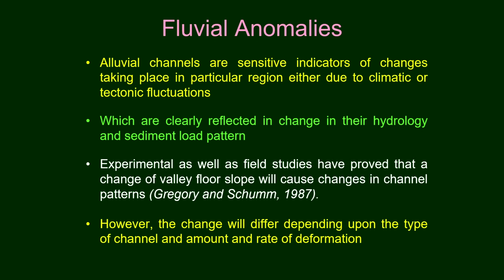So, the fluvial anomalies are mainly what we are going to look at in this one. The alluvial channels are sensitive indicators of changes taking place in a particular region, either due to climatic or tectonic fluctuations.